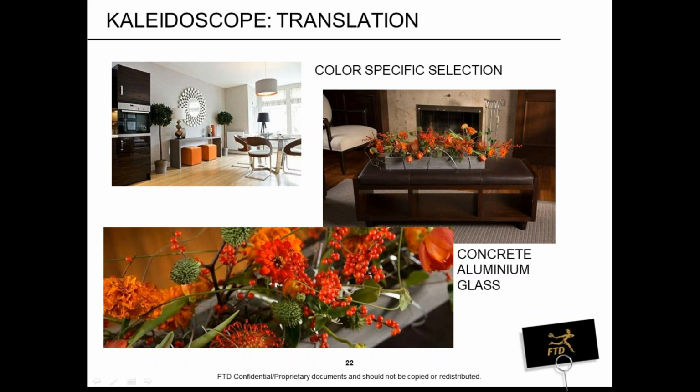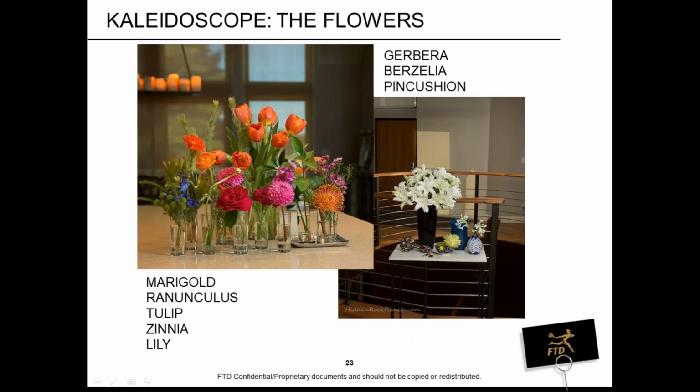So again, you don't have to use all 6 colors, but be confident with your selection when you're choosing the coloration you want to combine together. The flowers of Kaleidoscope can be quite unusual or quite different or quite seasonally ordinary. But the Gerber, there's so many forms, shapes, and colors of Gerbers. These are a great addition and a very youthful flower.